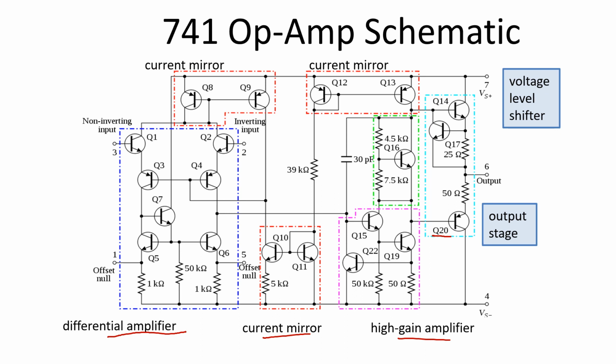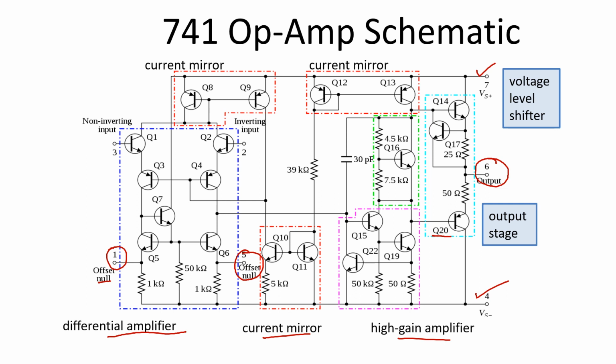You can also notice this is pin number 6, the output pin. Then other important pins are the power supply pins, pin number 7 and 4, the negative power supply. Then we have offset null, pin number 1, and similarly pin number 5. Yes, here it is.